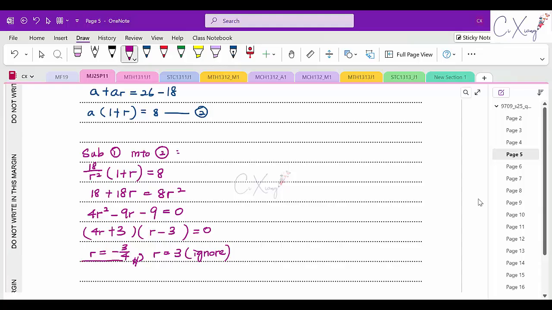That is the reason why I ignore R equals 3, which is the positive value. I only accept R equals negative 3 over 4. Once you successfully get R equals negative 3 over 4, we can find the value of A. To find the value of A, you have A equals 8 over 1 plus R. And the value of A is 32.